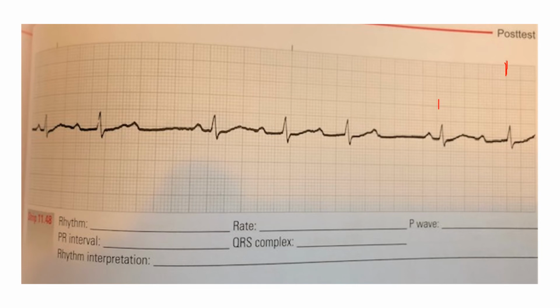The R to R is irregular, so it cannot be a third degree heart block. The PR is not constant, so therefore it cannot be a second degree type 2. So this is a second degree type 1, because you have a prolonging PR interval that's not constant until you have the dropped beat. So this is a Wenckebach, or second degree type 1.